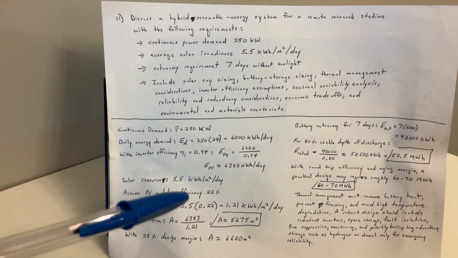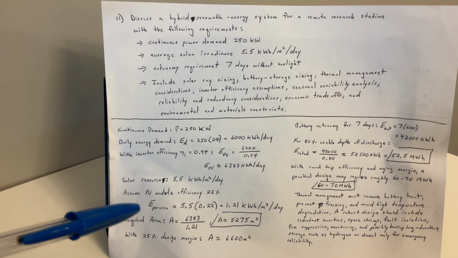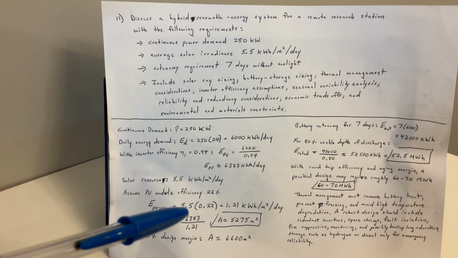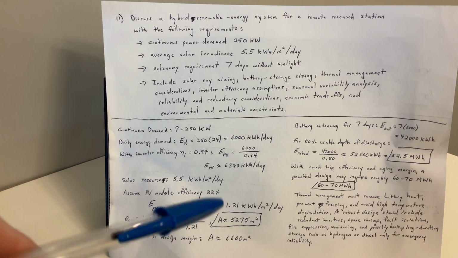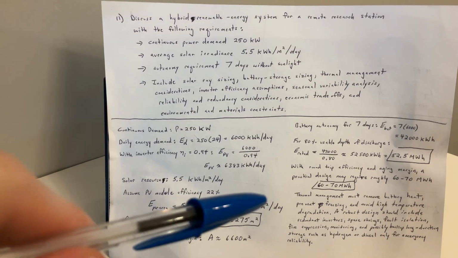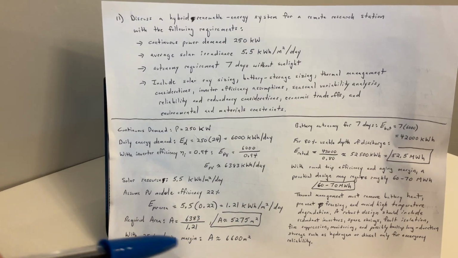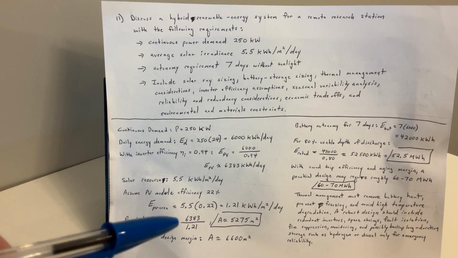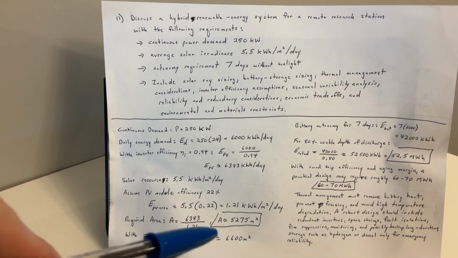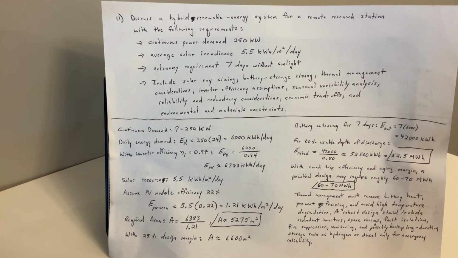Assume PV module efficiency 22%. So E per area equals 5.5 times 0.22 equals 1.21 kWh per m squared per day. Required area is 6383 over 1.21, so that would be 5,275 meters squared. And with a 25% design margin, area is about 6,600 meters squared.